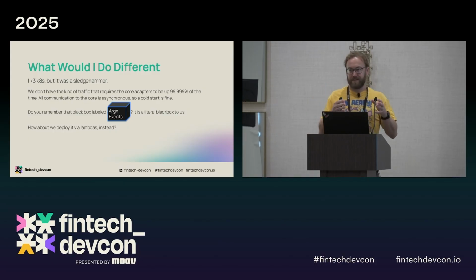all of the communication to our core adapters is asynchronous, so we don't need an API that's running 24 hours a day, 7 days a week. It doesn't need to be up at 5 nines. Cold starts don't matter.